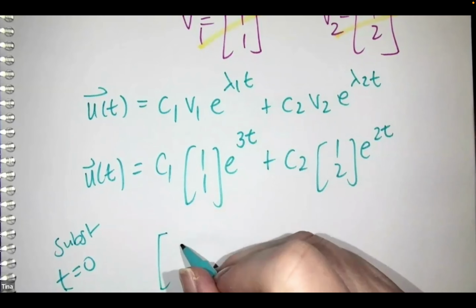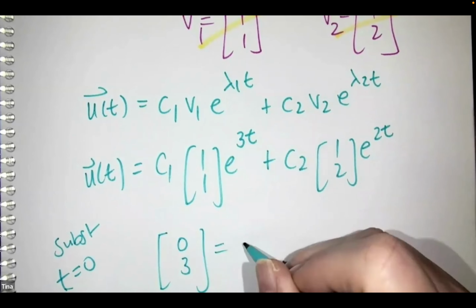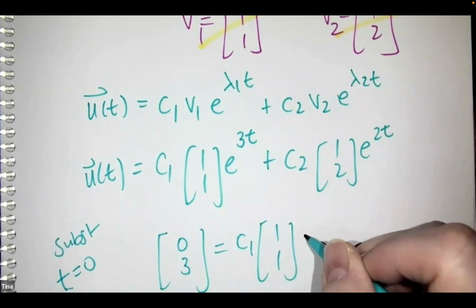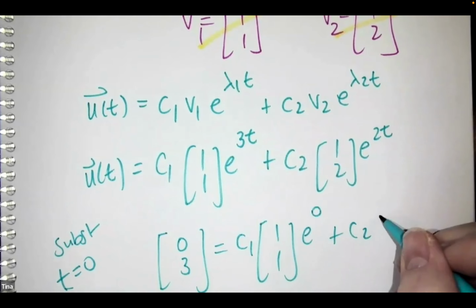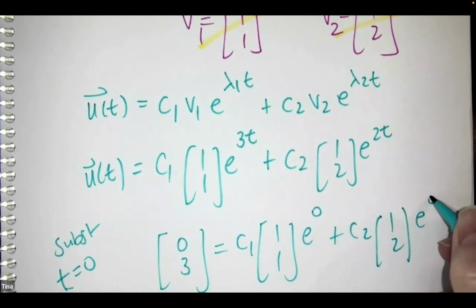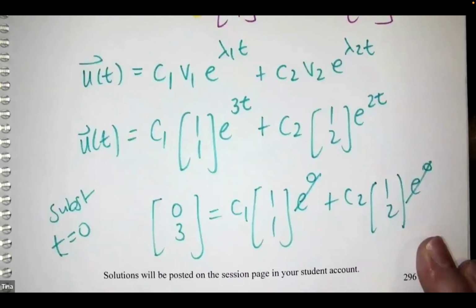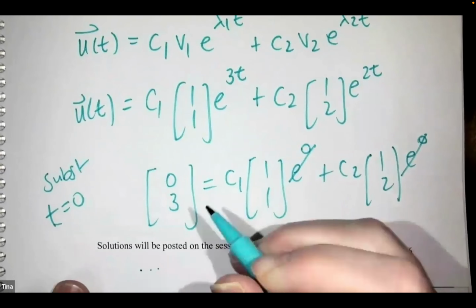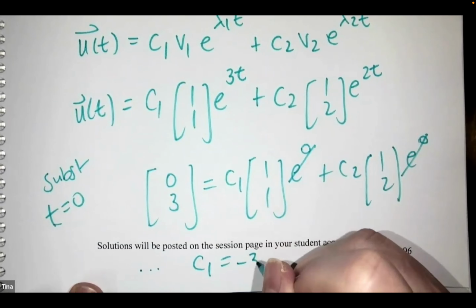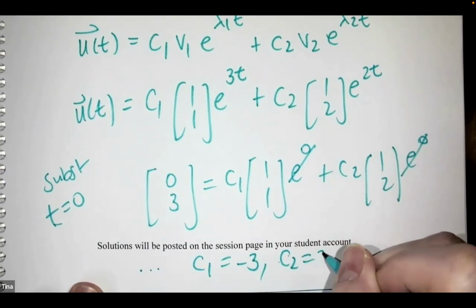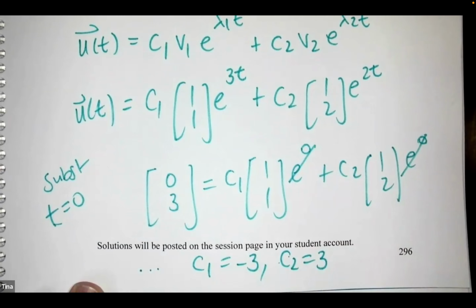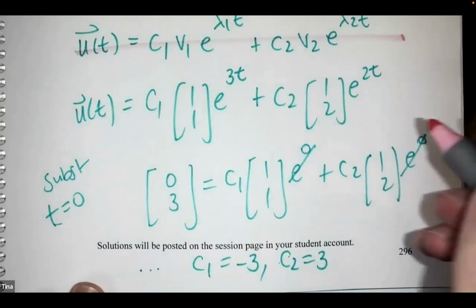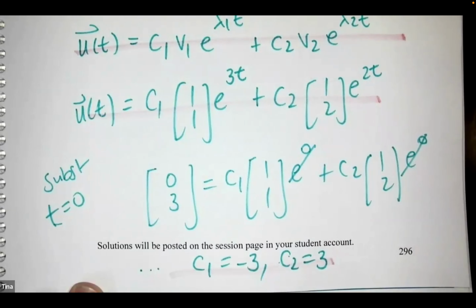So we could put in the condition (0, 3), and then do the whole 0 for all the t's. And then you could solve for C1, which should give you -3, and C2 is 3. So this is what we had here and here, and then these are our constants.